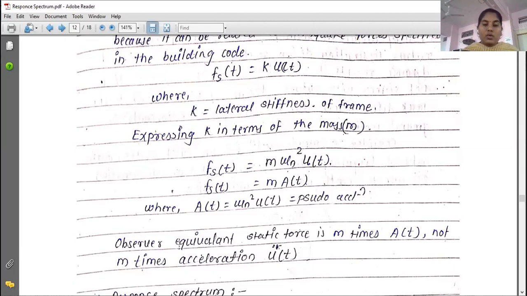Note, it is not m times the acceleration, that is u double dot of t.